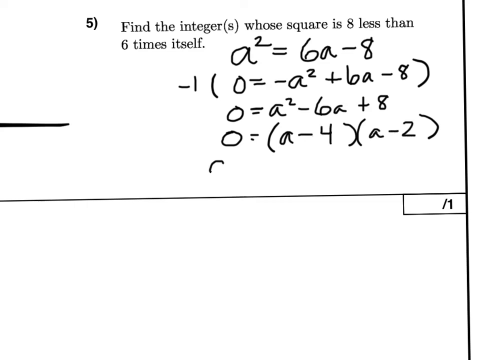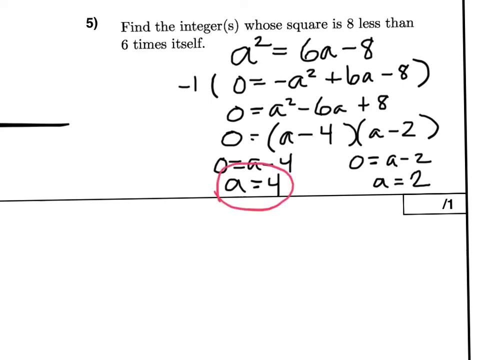And now I'm going to set them both equal to 0. So I would have 0 equals a minus 4 and 0 equals a minus 2. So a can be 4 or a can be 2. And these would be your two answers.